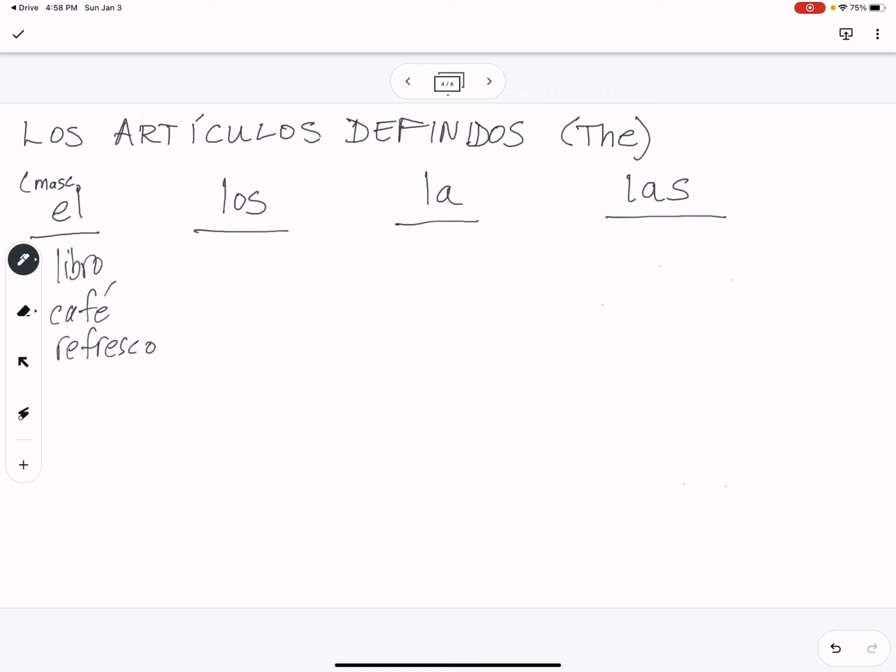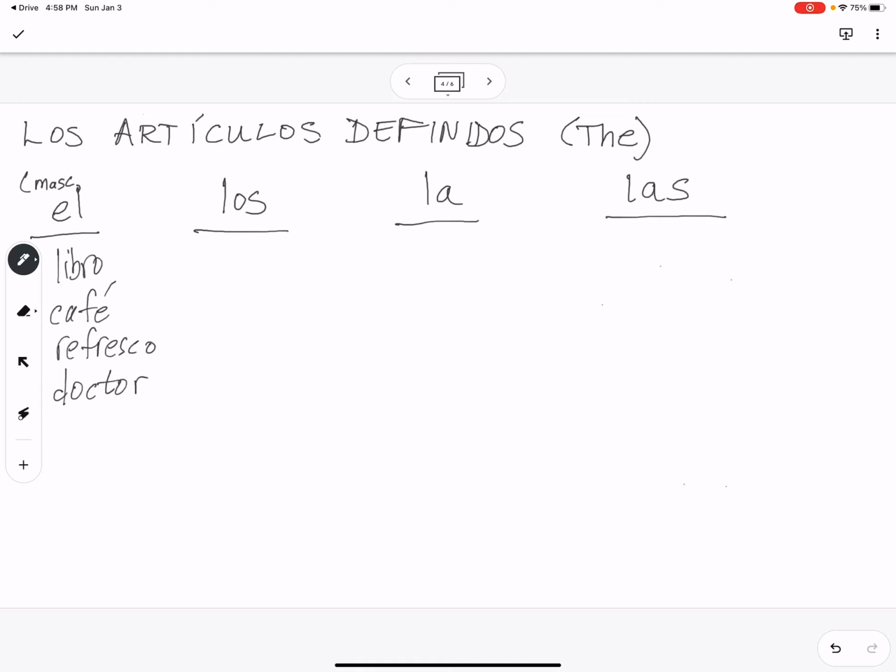Another word that you might put under this category that would use el to mean "the" would be something like a lot of professions that you're using to refer to a man end this way. So I could say el doctor, which is, of course, a cognate.